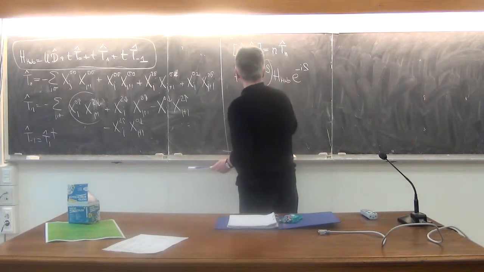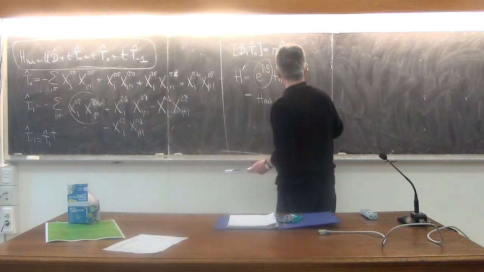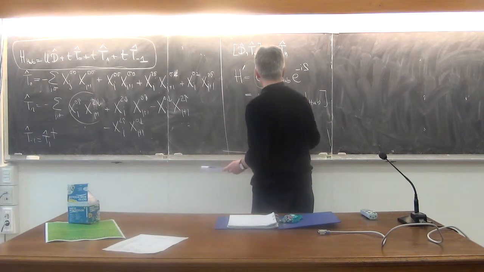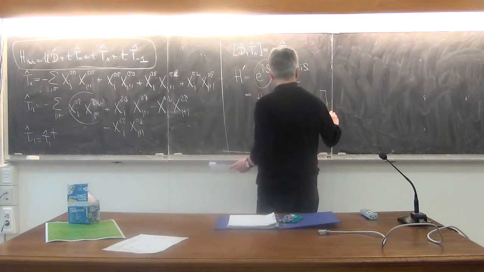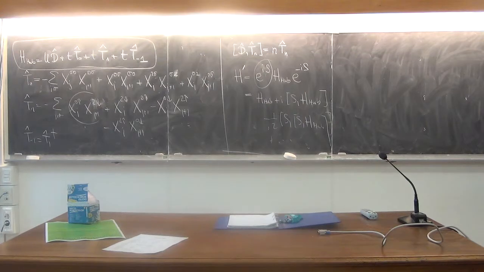So, what is this? So this is h Hubbard plus i S h Hubbard minus a half S S h Hubbard plus dot dot dot. Yeah? Just working out the first few terms.